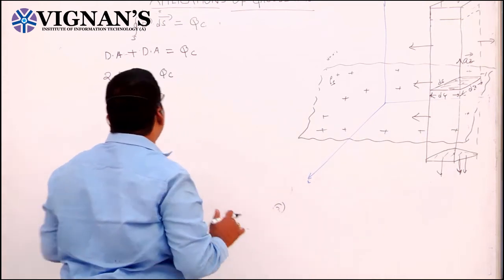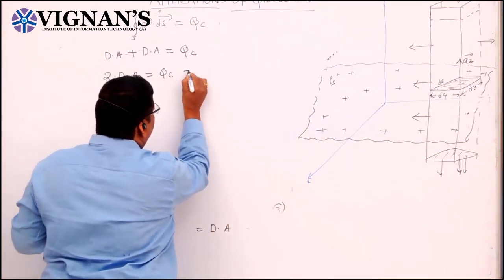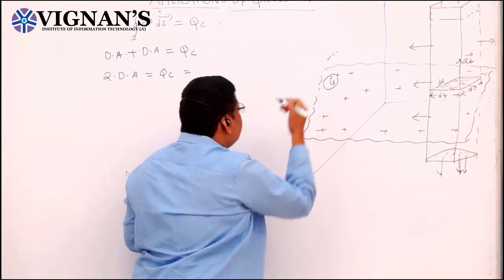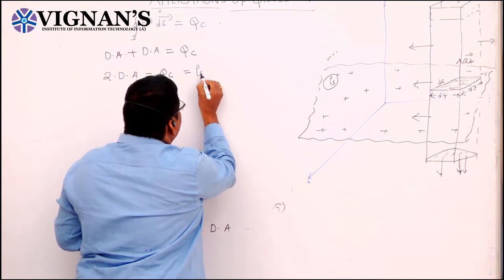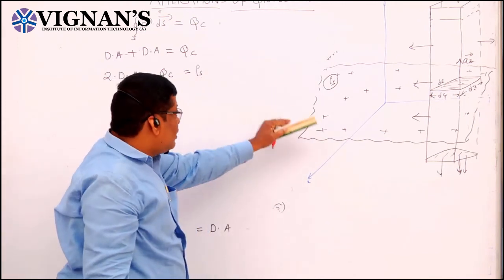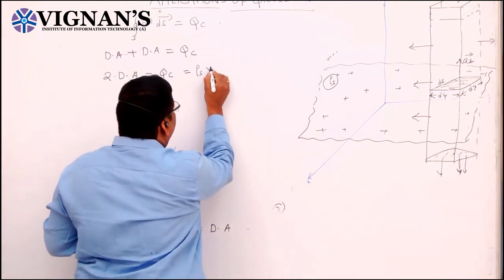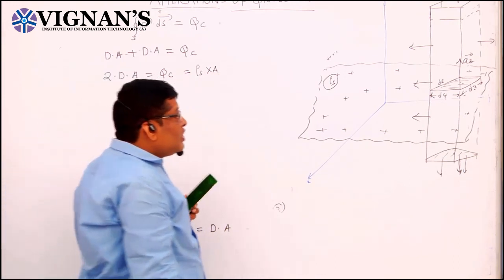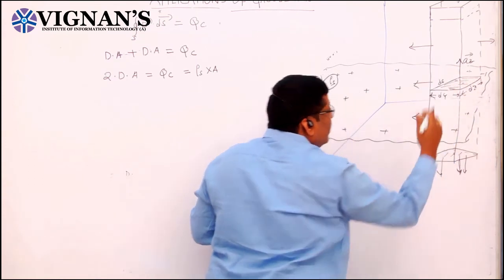The charge enclosed by the Gaussian surface is equal to the surface charge density rho s of the sheet into the area, the differential area, nothing but dS.